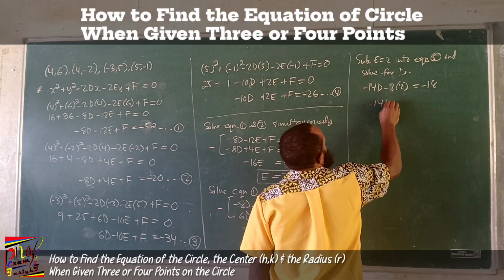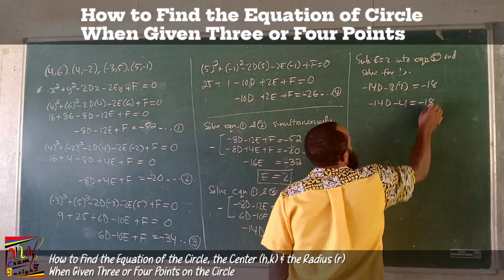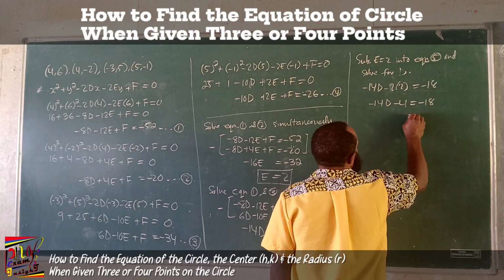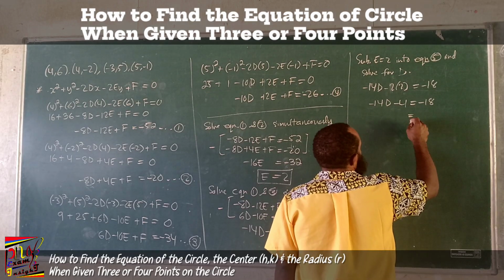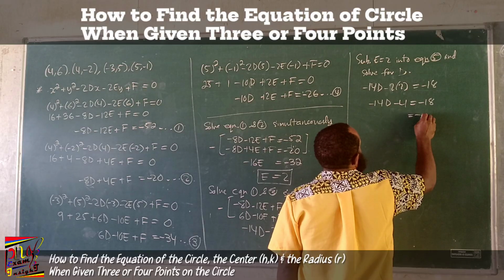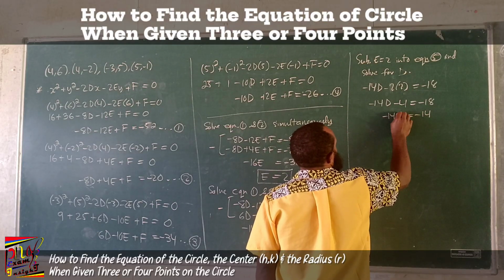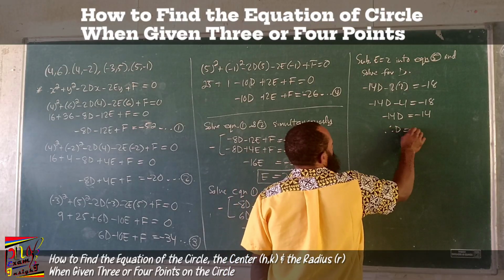We have minus 14D minus 4 equals minus 18. Alright, let's bring minus 4 over, it becomes plus. So negative 18 plus 4 is minus 14. And on the other hand, we have minus 14D. So therefore, our D value will be 1.